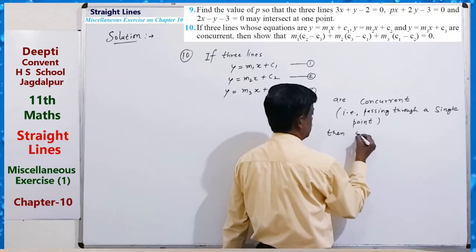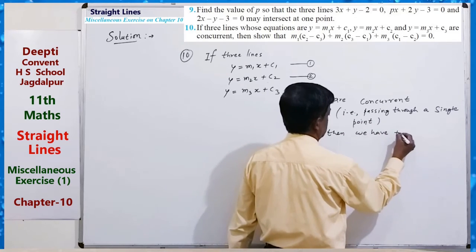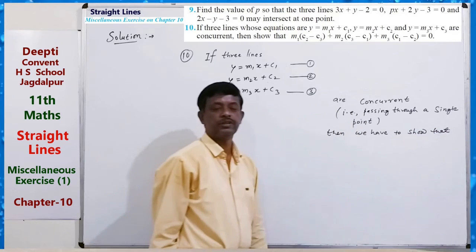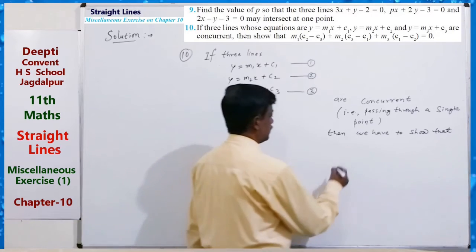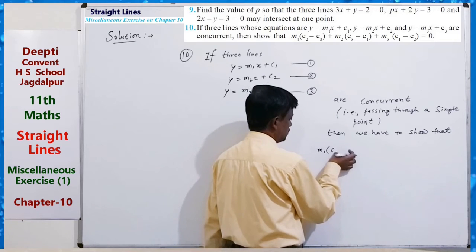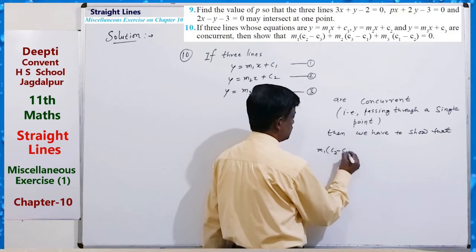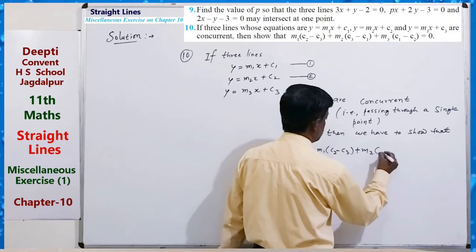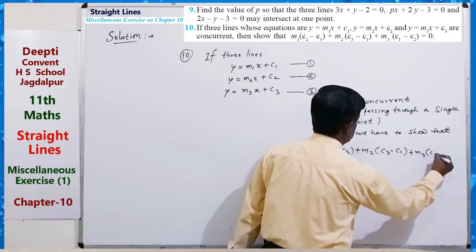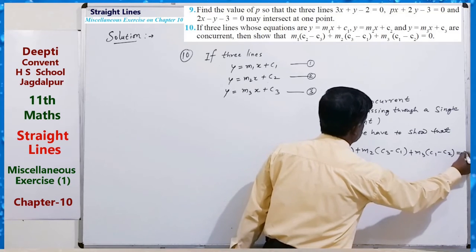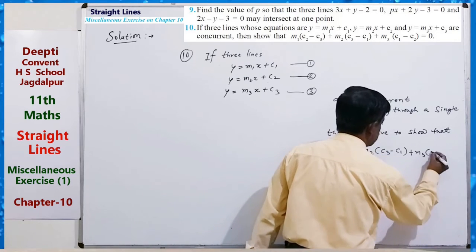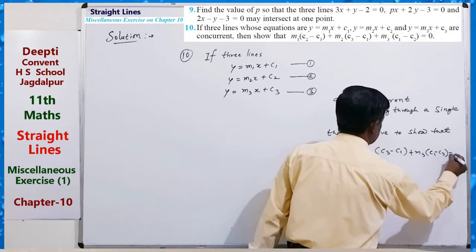Then we have to show that m1 into c2 minus c3 plus m2 into c3 minus c1 plus m3 into c1 minus c2 equals to 0.